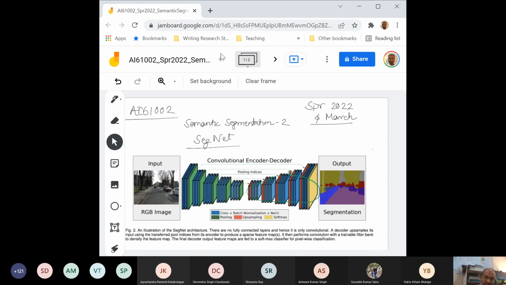Let's assume there are an equal number of parameters here and here, then your learning complexity is just to train this part of the parameters, because this is already almost trained. I mean, they are near the convergence point. As a result, the time taken to finish the training process is going to be very low.